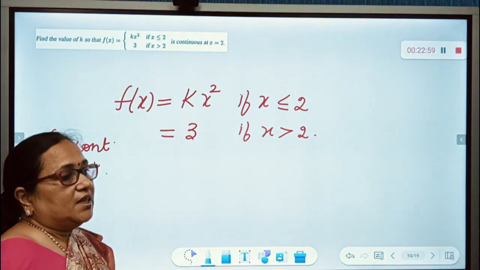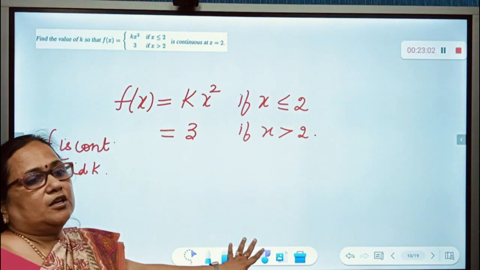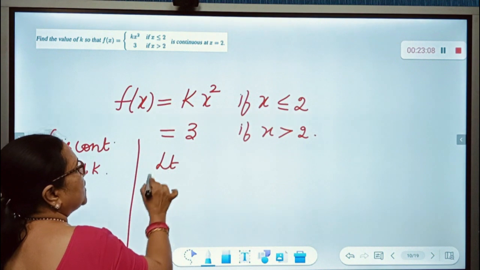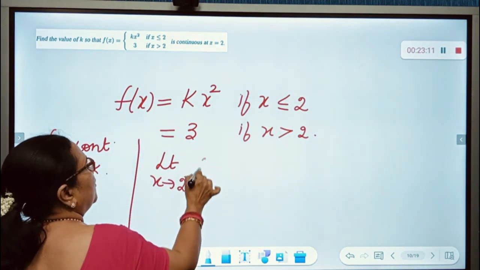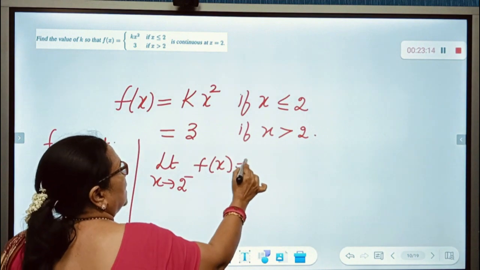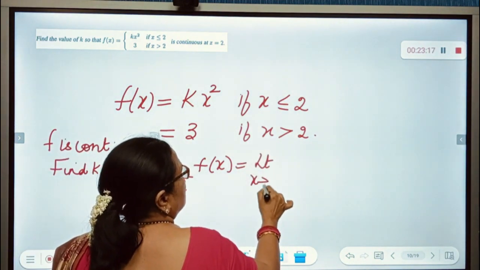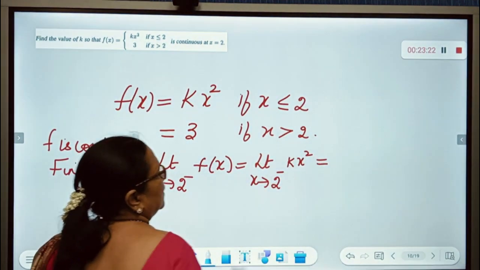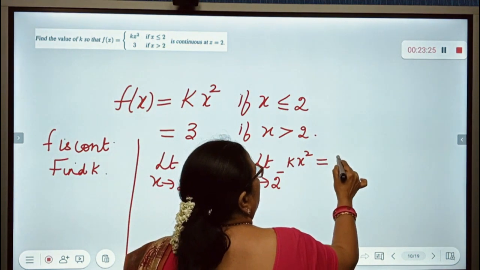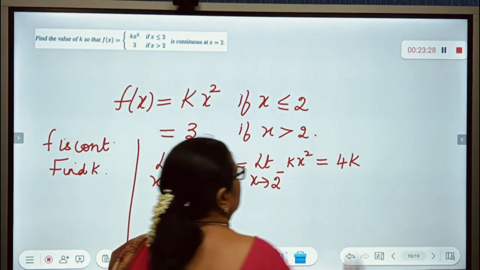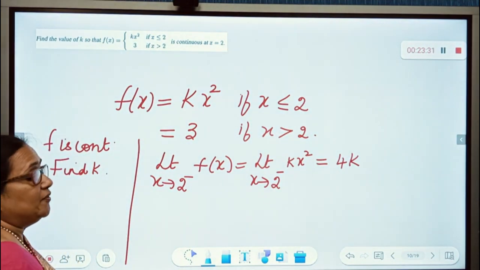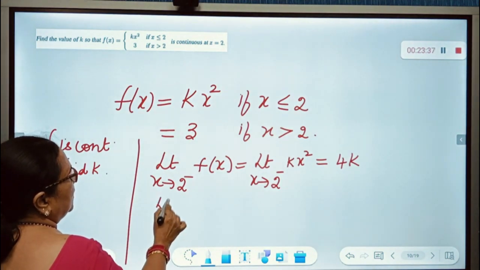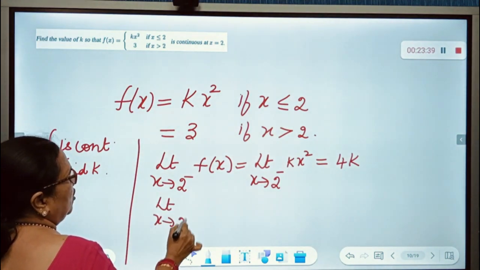So in this case, what is given? The function is given to be continuous. You have to find the value of k. Now what is the limit as x tends to 2 minus of f(x)? This will be the limit as x tends to 2 minus of kx square. When I put x as 2, 2 square into k, 4k. For polynomial functions, how will you find the limit? By direct substitution. Now what is the limit as x tends to 2 plus of f(x)?